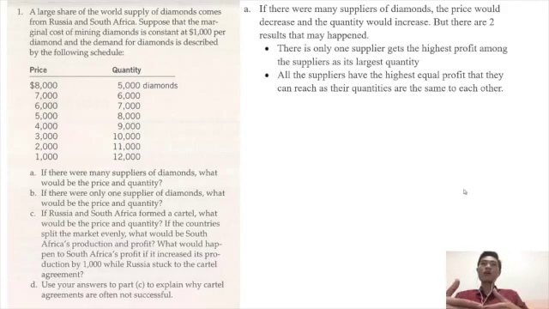This only happens when all the firms and suppliers collude with each other in a cartel agreement. They will set a certain quantity that will get the highest price for that quantity.